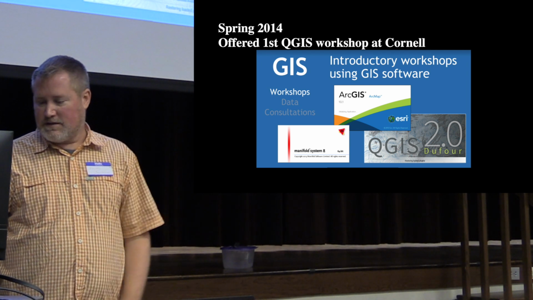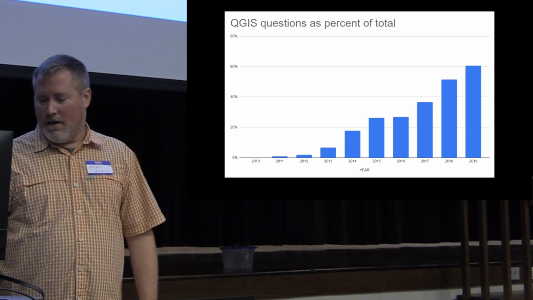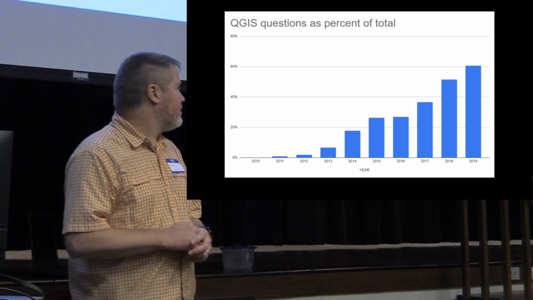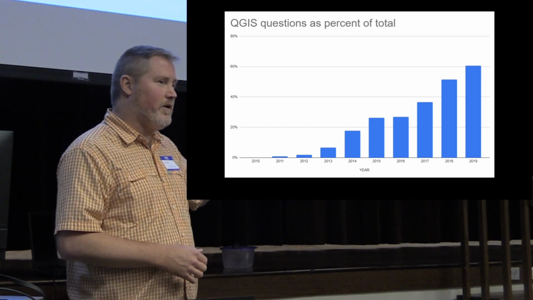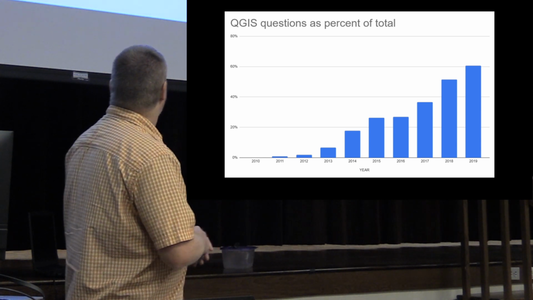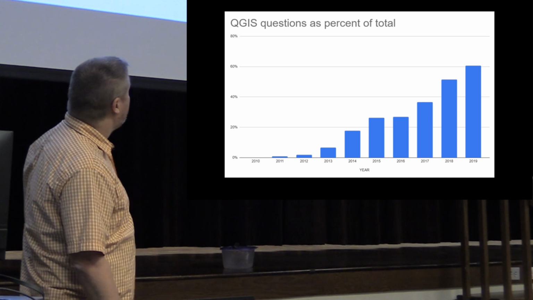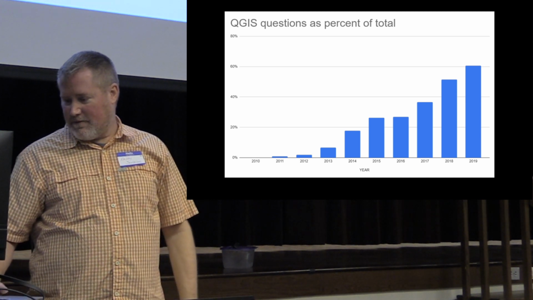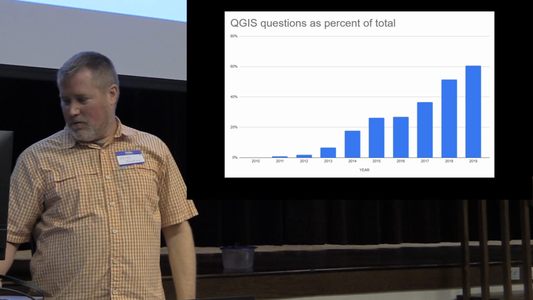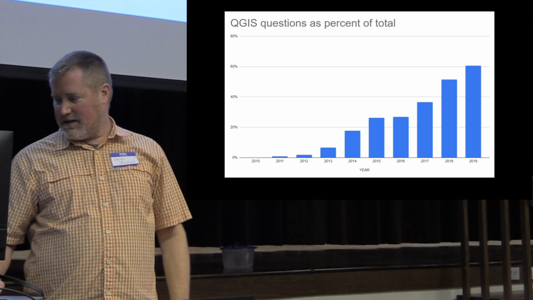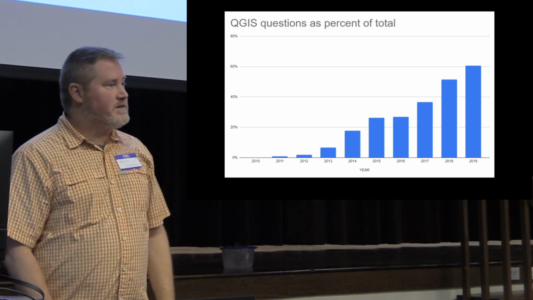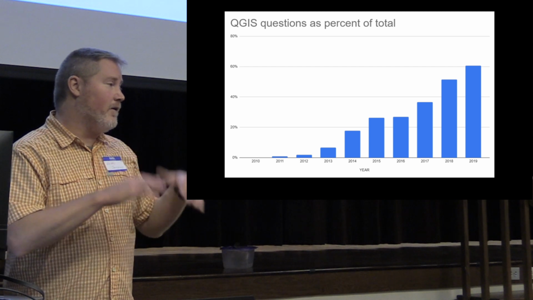We were also doing ArcGIS and Manifold, as I mentioned. But this is a graph of the questions where I kept track of what software people were using. You can see 2014 is when I started introducing the workshops, and it's just kind of gone uphill since then. Key point here is that the 50% line was crossed last year in 2018, and we're on track to be over 60% of all the questions I deal with being about QGIS.